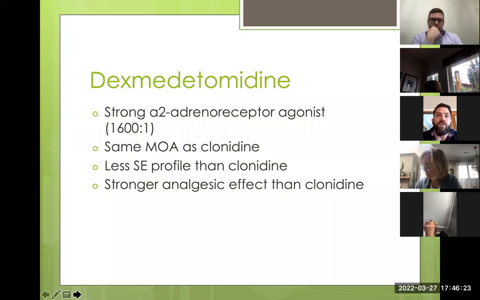When you give a dexmedetomidine bolus dosage, you might get some bradycardia and hypertension. Those are kind of short-lived. And then you can get a little bit of hypotension with dexmedetomidine, but the analgesic effects from dexmedetomidine are far superior to clonidine. Another benefit of dexmedetomidine is the anxiolytic effects.